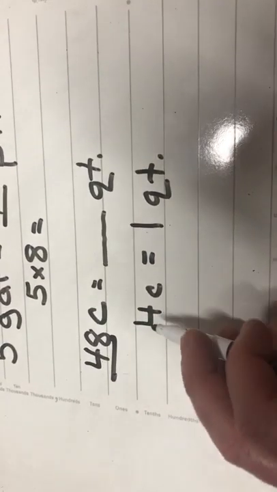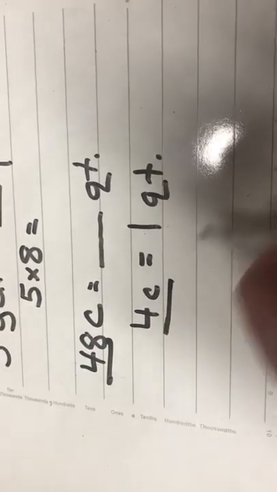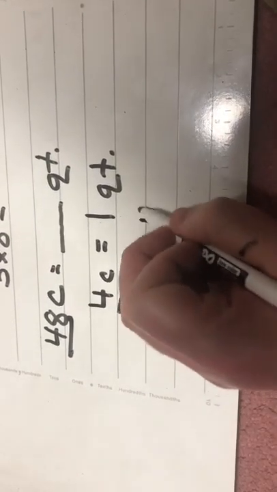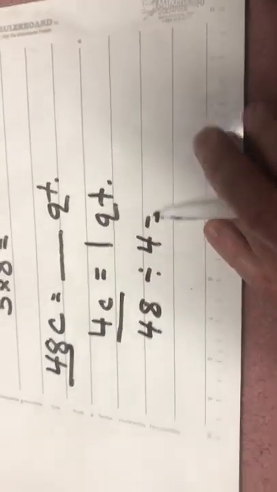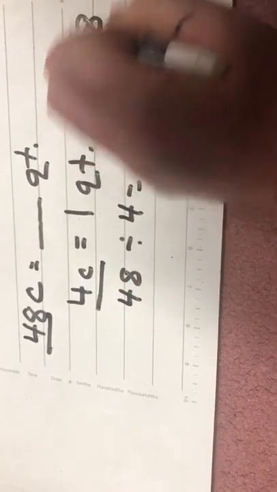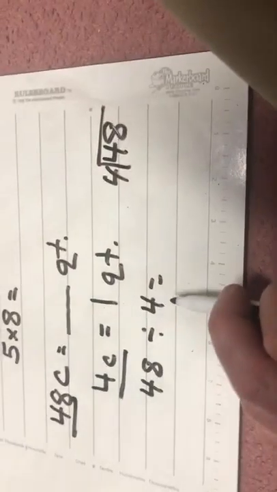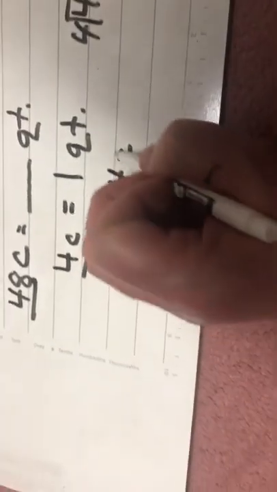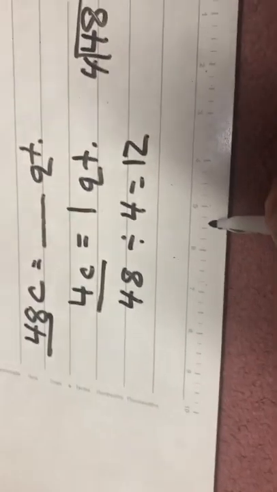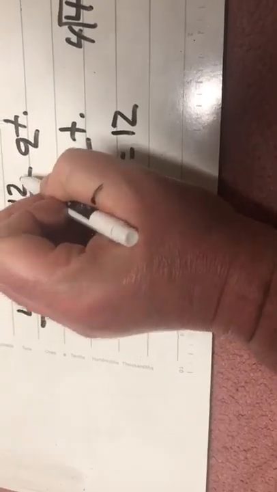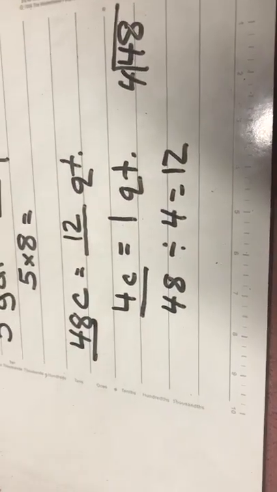So the division problem I'm going to do, since it's 4 cups in 1 quart, is 48 divided by 4. Not a difficult division problem. If you need to set it up this way, you can, okay? All right, can't be lazy, 5th grade. Got to be willing to do the work. 48 divided by 4 is 12. And I see that 48 cups is going to be the same as 12 quarts.